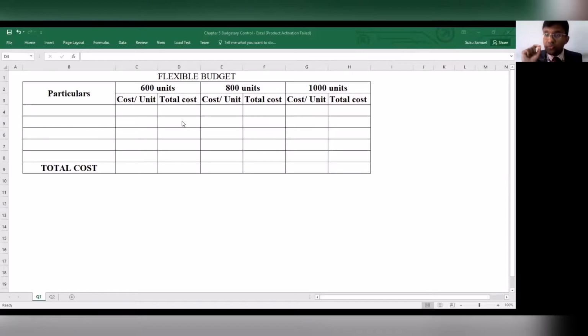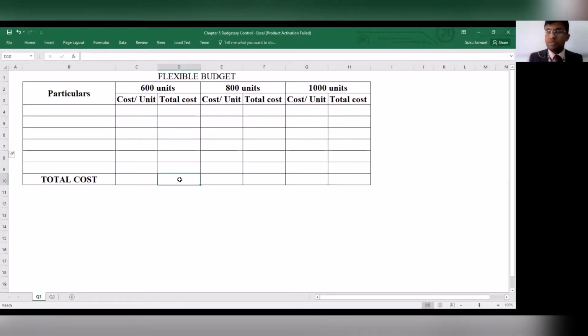Whenever you deal with variable cost, please remember that the cost per unit will remain the same and the total cost will vary.